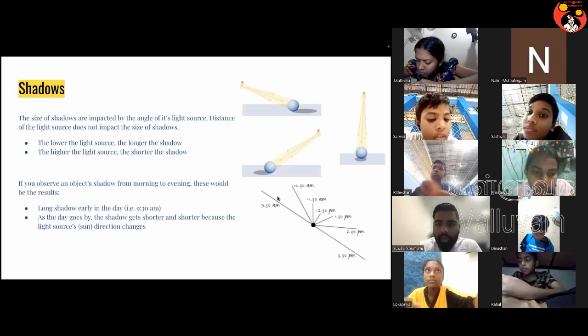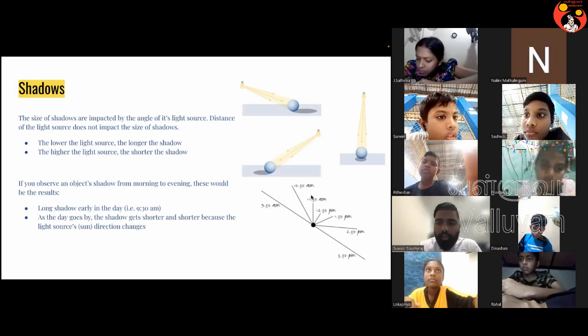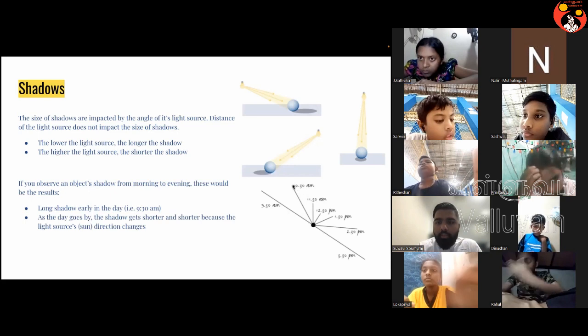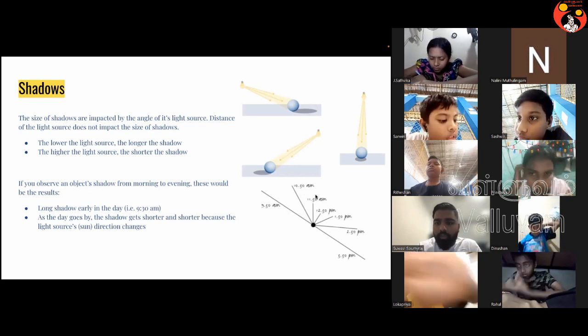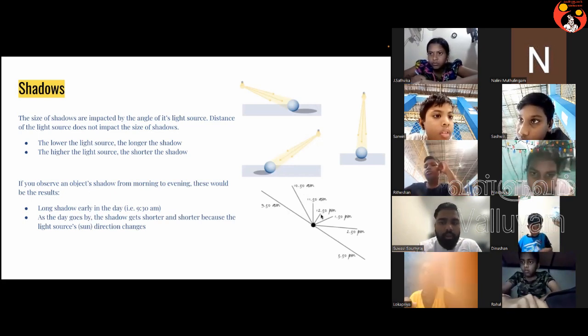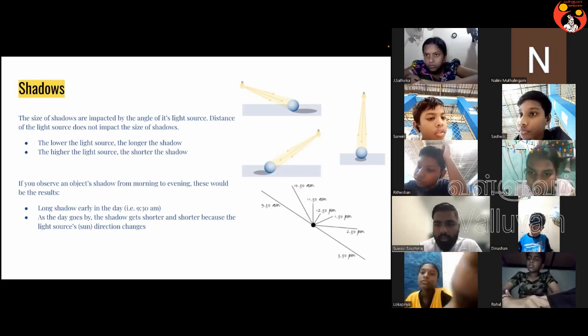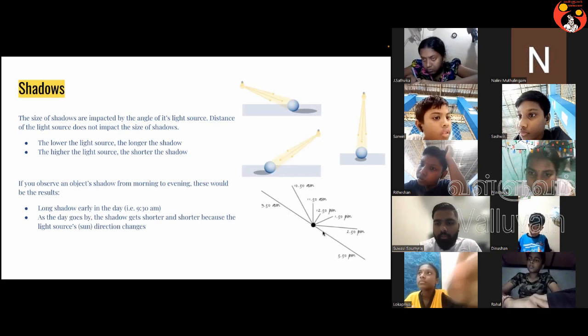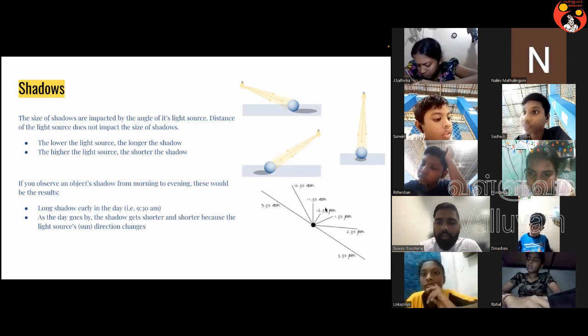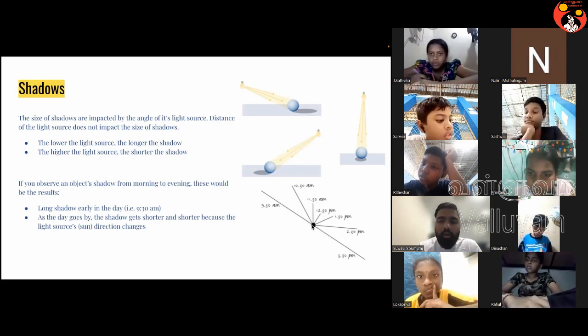As the day goes by, we hit 10:30, 11:30, 12:30, you can see the length of the shadow will get shorter and shorter. This one, the shadow will go to about here. Then this one, it will stop about here. And then 12:30 will be right on top, so you will see a very small shadow just around the object.